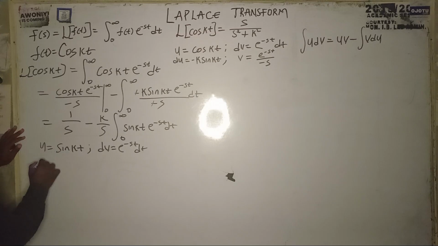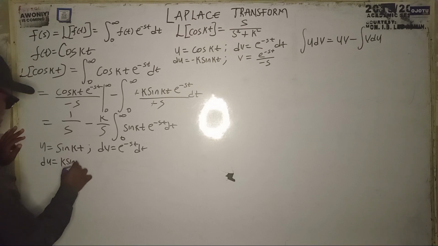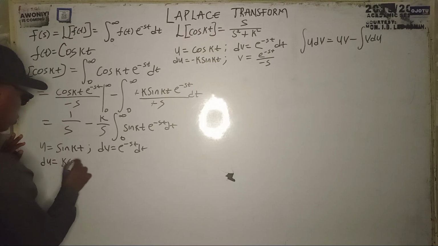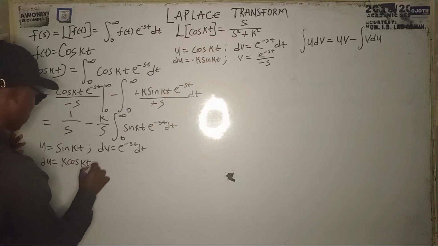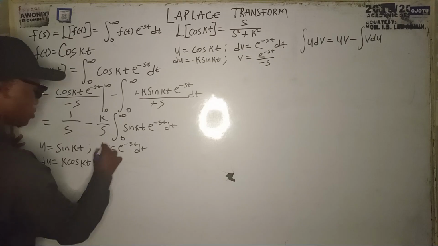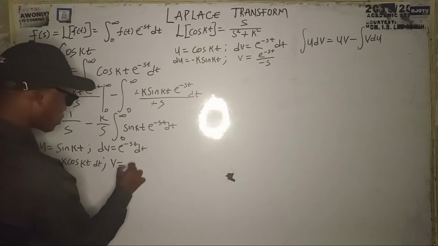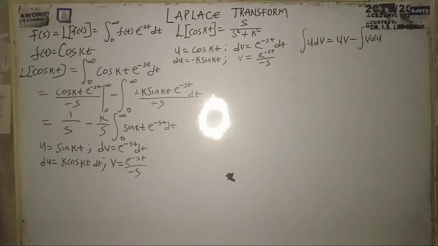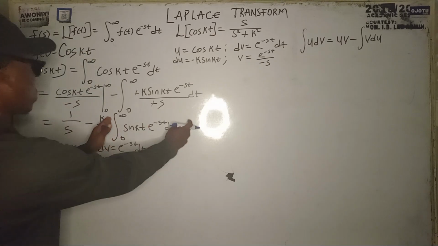So if we differentiate this, we have du equal to k cos kt dt, since the derivative of sine is cos, and for v we would have e raised to the power minus st over minus s. So we just apply the formula here.